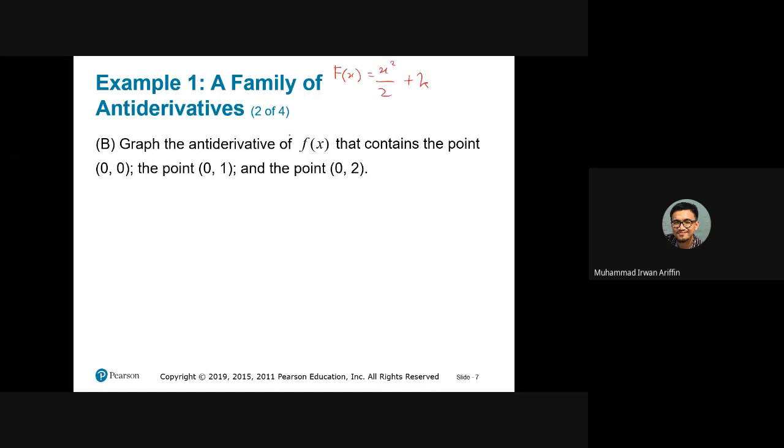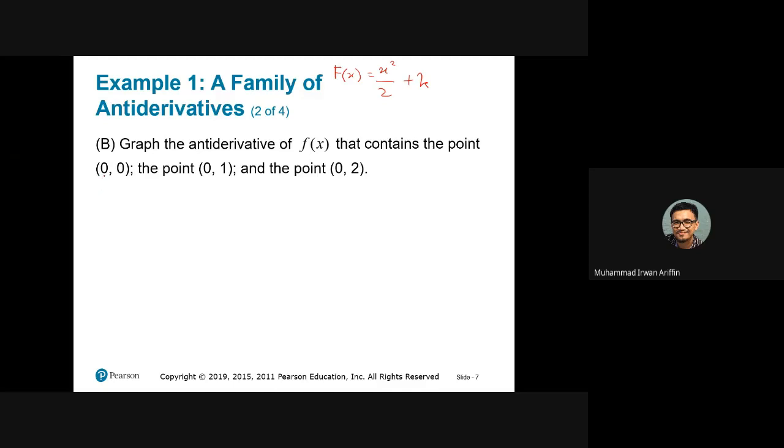Now we want to make sure the antiderivative passes through all these 3 points. The solution would be, for the one that passes through (0, 0), we simply substitute these two with 0 and 0.